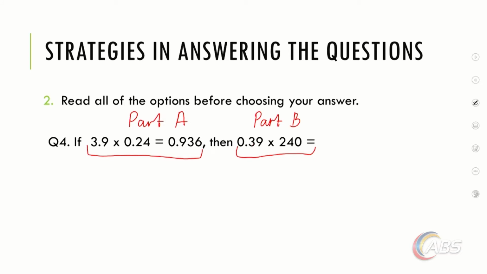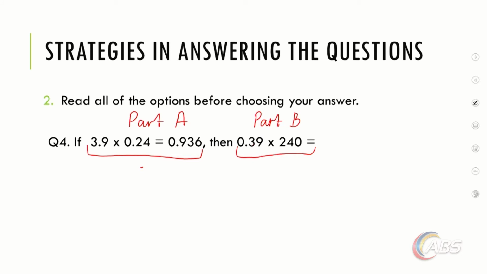Because in math you'll learn that there's more than one way to tackle a question, one way to approach this question would be to manipulate the point in the question and allow it to match part B, so that we can find our answer for part B without actually going through any calculations.